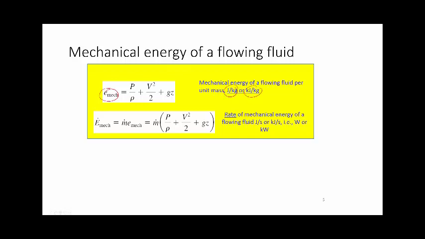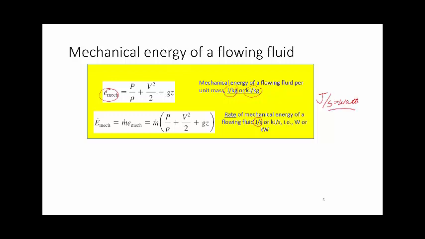So now we want to talk about power, because whenever we choose a turbine or a pump, if we have a pump, we're adding power to the water, and if we have a turbine, we're getting power from the water. So it's a rate of energy. So the rate of energy would be joules per second, and joules per second is the same as watts.